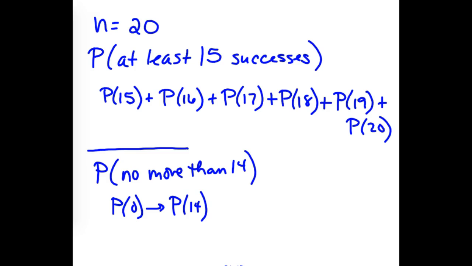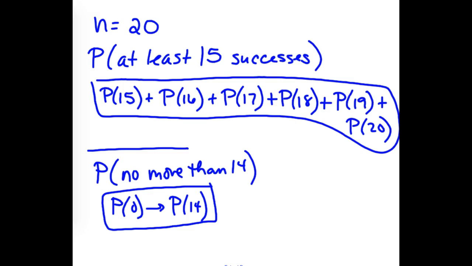I know that this amount and all of this have to add up to 1. So if I have an answer up here, we'll just call it x, then my answer down here is going to be 1 minus that. So when you have a big distribution with a ton of trials and a ton of options, really think through, is it shorter to figure out the ones I want, or is it going to be shorter to figure out the ones I don't want and subtract it from 1? Does that make sense?